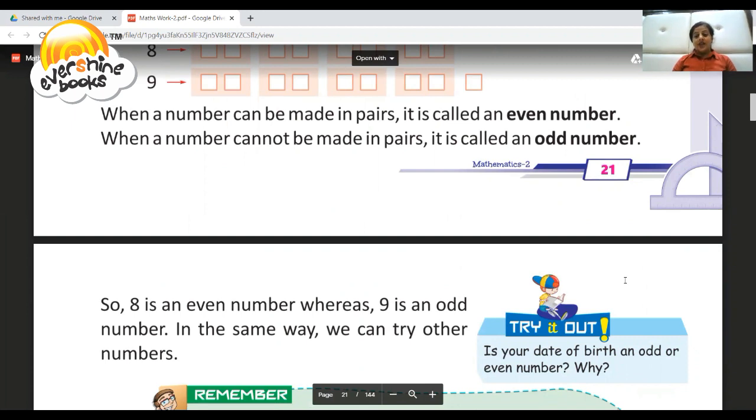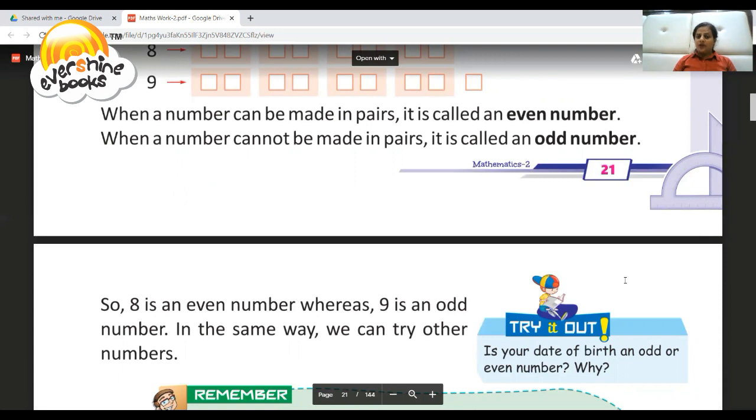When they are having proper pairs, it is called an even number. When a number can be made in pairs, it is called an even number, that is 2, 4, 6, 8, 10 also.